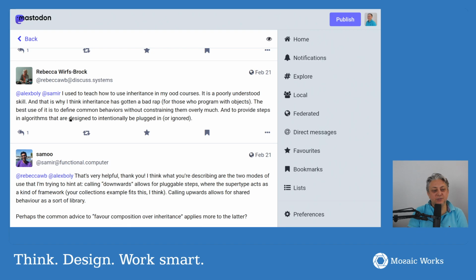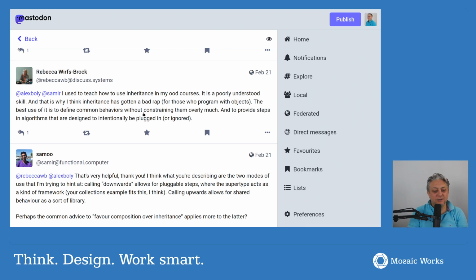The best use of it is to define common behaviors without constraining them overly much, and to provide steps in algorithms that are designed to intentionally be plugged in or ignored. So again, in a few statements, very, very deep. It's a poorly understood skill, has gotten a bad rap. This is why we tend to favor composition.